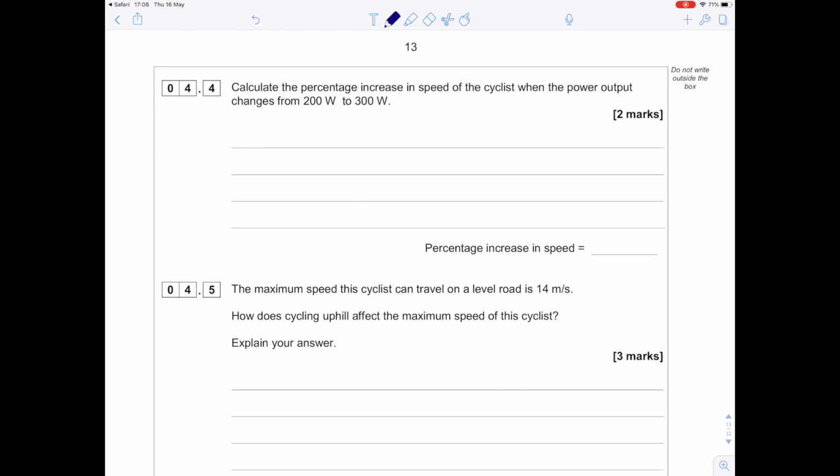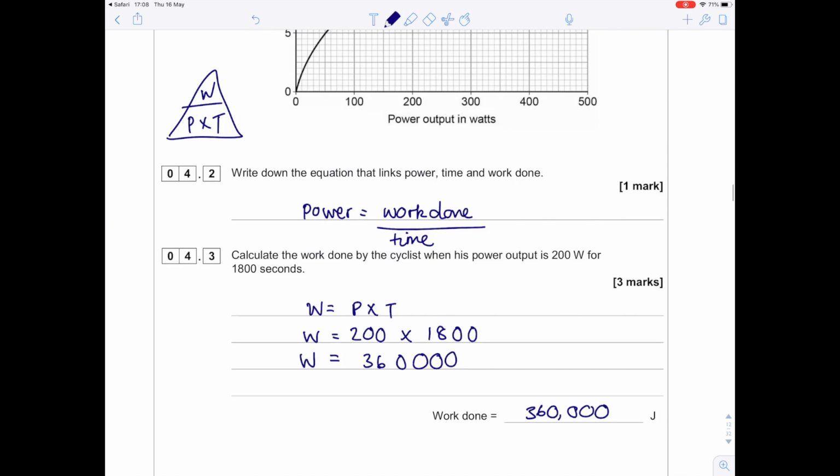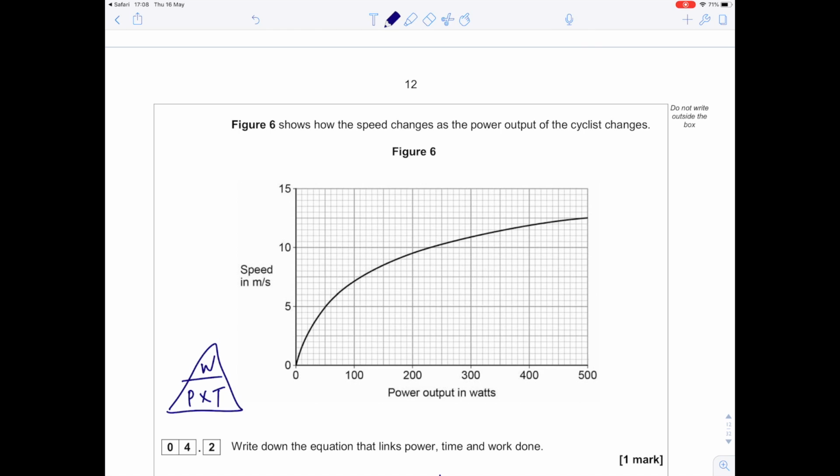Calculate the percentage increase in speed of the cyclist when the power output changes from 200 watts to 300 watts. Be careful, we need to use this up here to help us because we don't have enough information otherwise. So we're going from 200 watts to 300 watts.